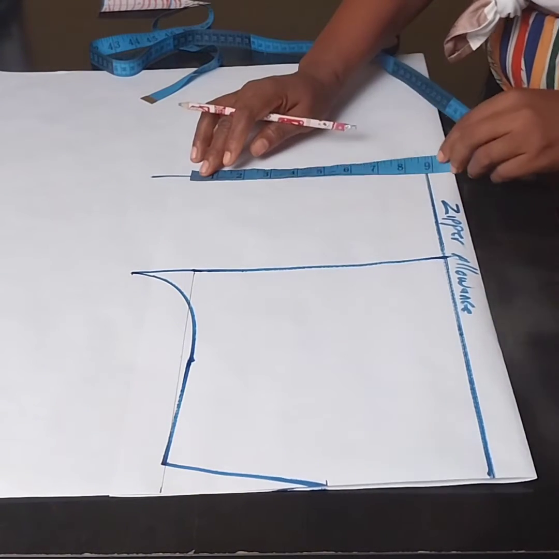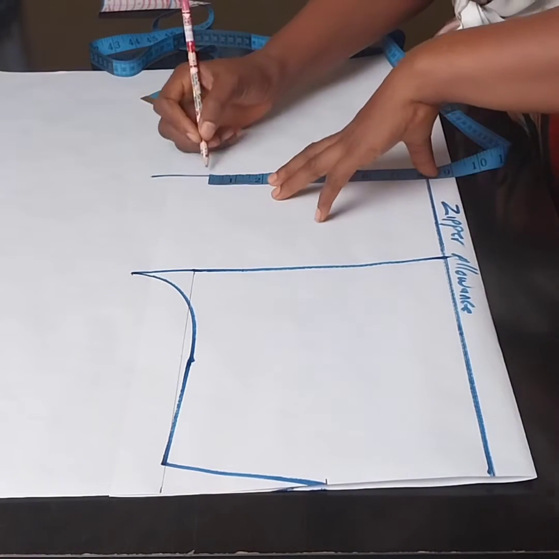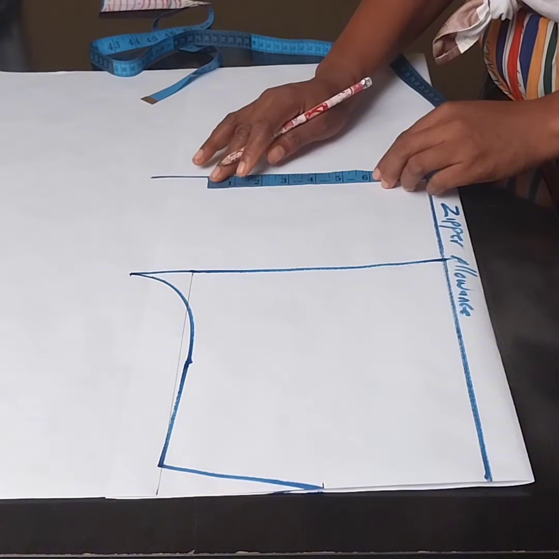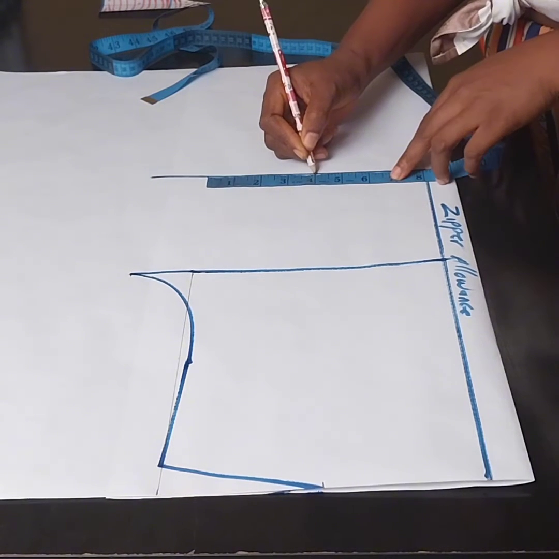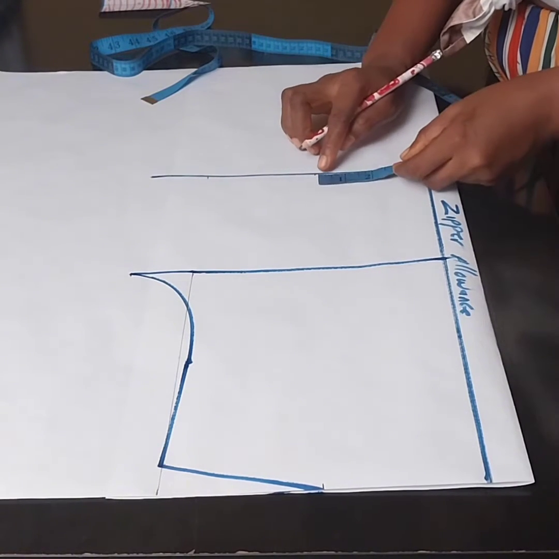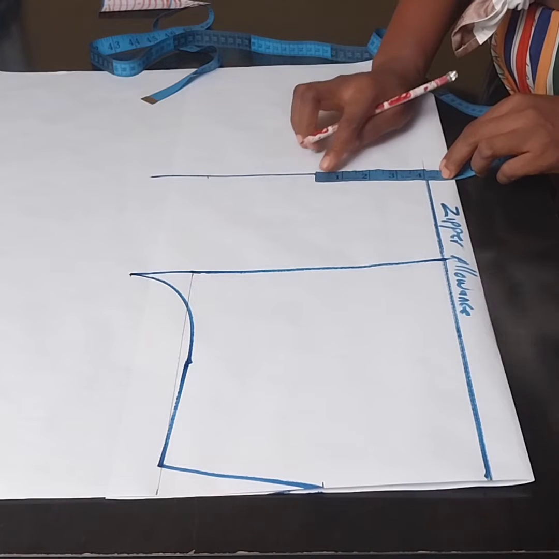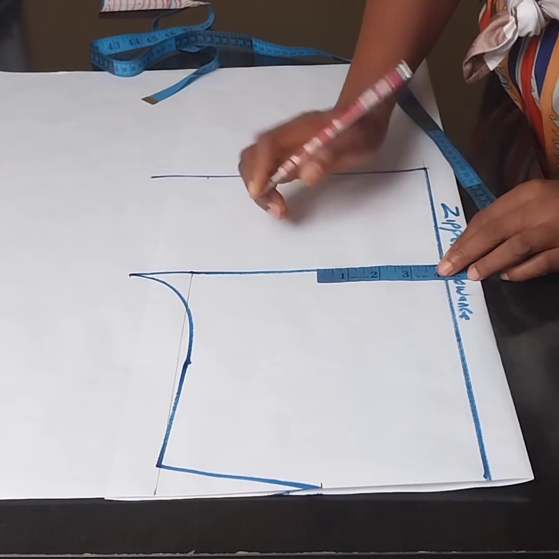I'm going to enter my waist measurement divided by 4 at the waistline. And then I'm going to look for the midpoint of my waist measurement. And where I have the midpoint, I mark it and then I'll measure what I have from the zipper line to the midpoint. And I'll mark the same thing on the chest line.